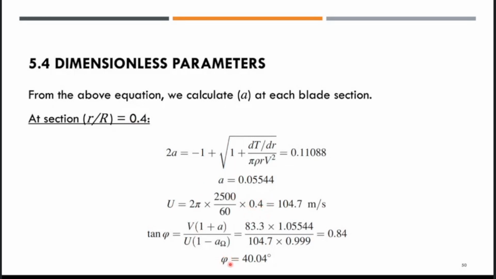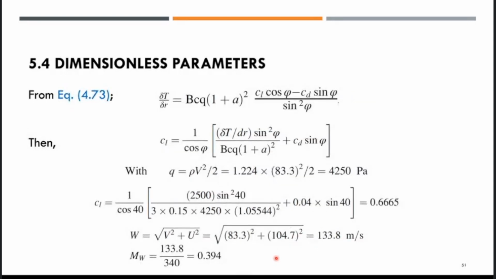You can get the advance angle phi to be 40.04 degrees, and then from equation 473, using the coefficient of lift expression as well, with the expression for q equal to rho V squared over 2, you can get q to become 4,250 Pascal.